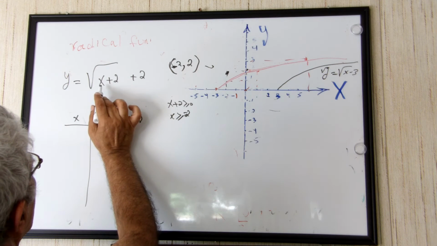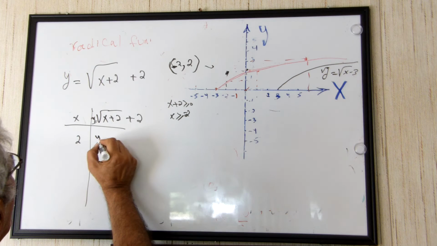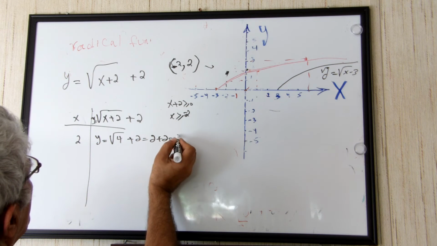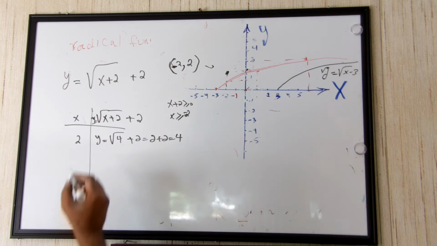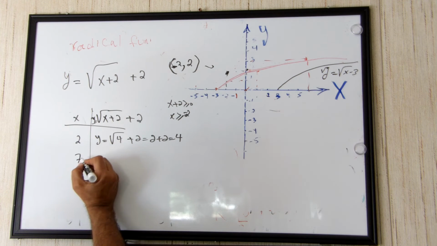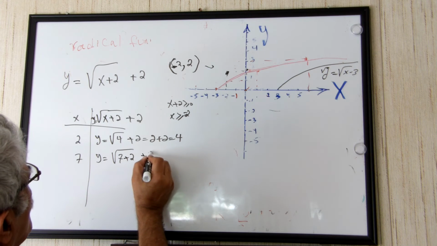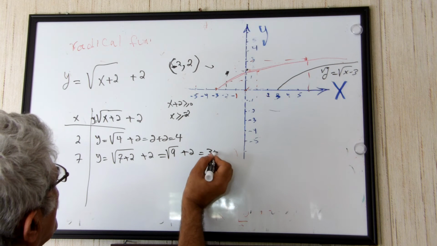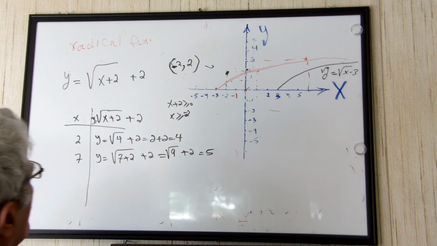If x is equal to 2, the square root of 4 is 2, and y is going to be 2 plus 2, which is 4. If x is 7, y is the square root of 9 plus 2, which is 3 plus 2, which is 5.